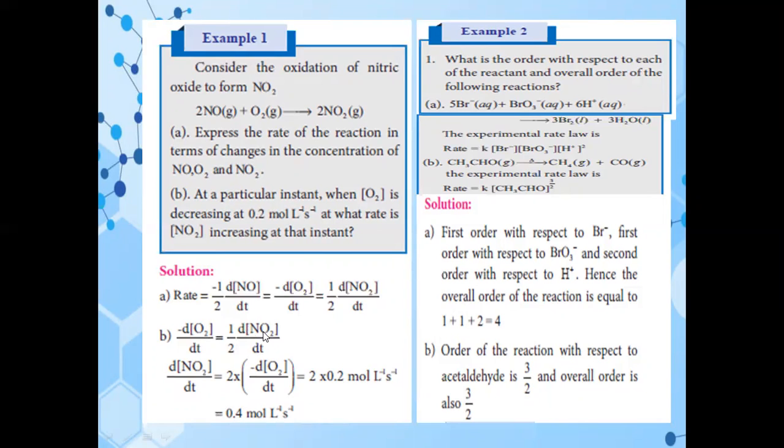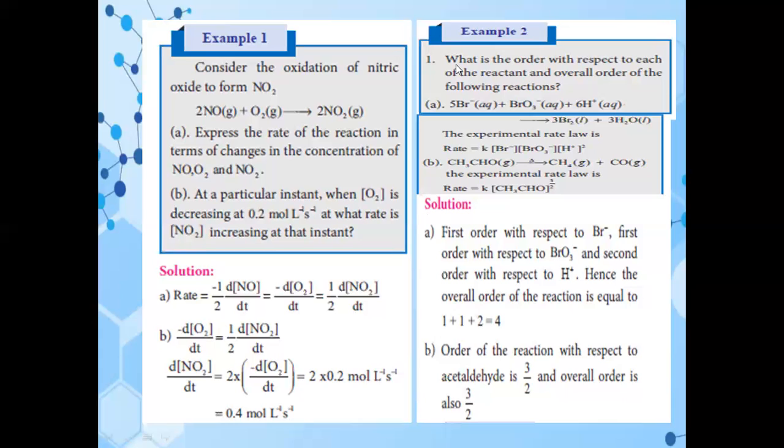We move this to the left-hand side: d[NO2]/dt equals, the 2 is moved to the other side, 2 into d[O2]/dt. The value of O2 is given in the question itself: O2 is decreasing at 0.2 mole per liter per second. So 2 into 0.2 equals 0.4 mole per liter per second.